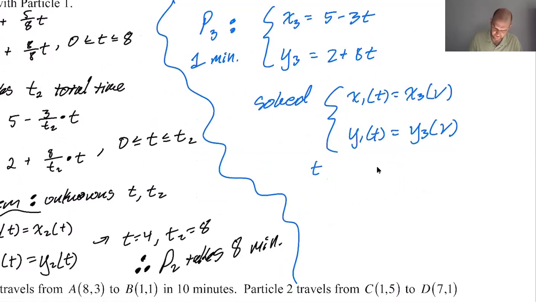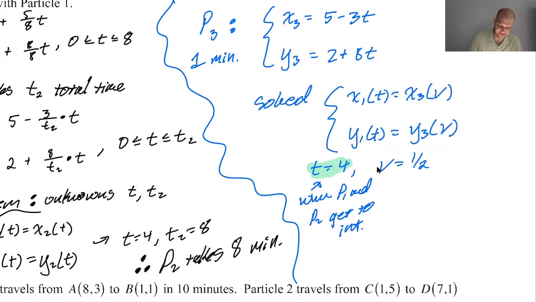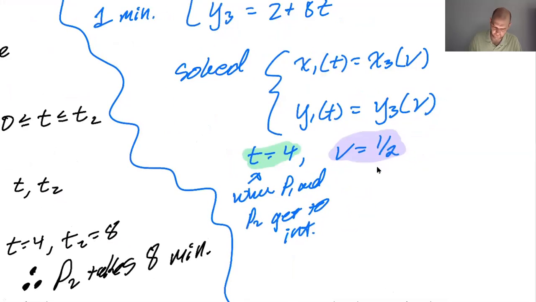So we ended up with t was 4, and then v was 1/2. Now you have to keep track of what each thing is. This is when P1 and P2 get to the intersection, so that's the actual time they get there. And this one is when P3 gets there.